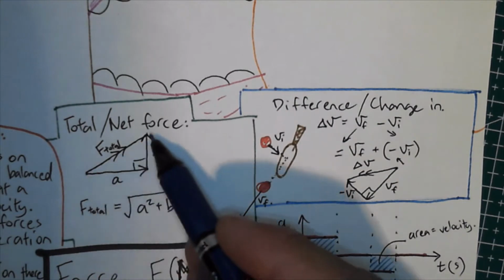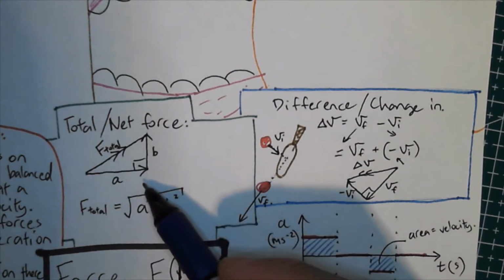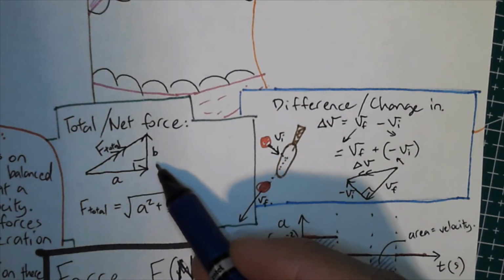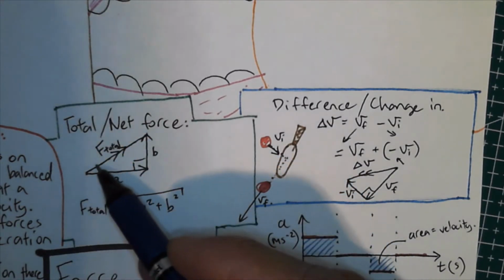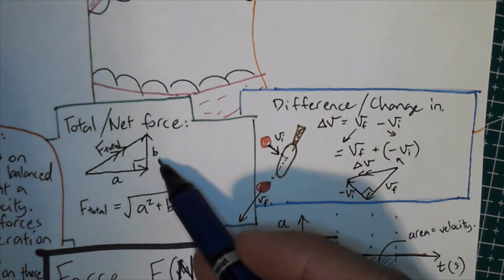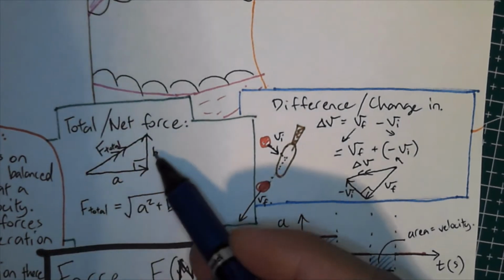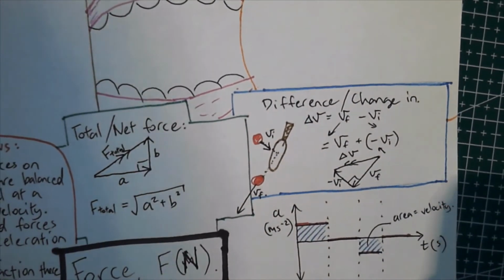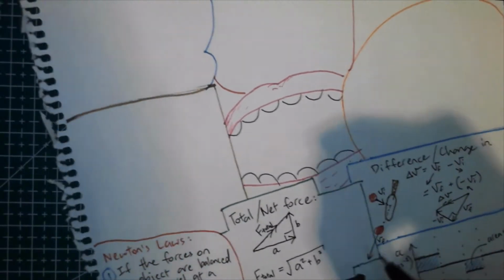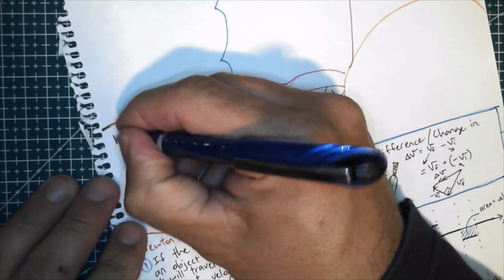We might want to break something like this force down into two components, a horizontal component and a vertical component. So if we know the total value and the angle in here, we can use trigonometry to work out the magnitude of these two sides. And knowing the components of velocities is a really important thing to understand for projectile motion.